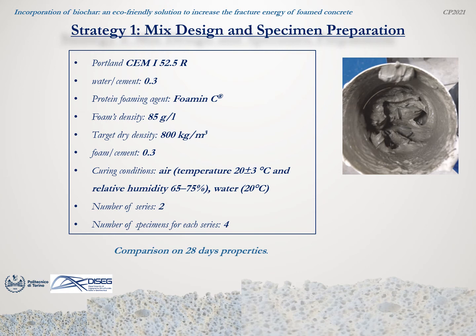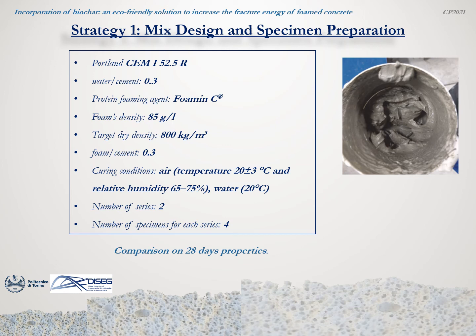The final foam to cement ratio to obtain the target density of 800 kg per cubic meter was equal to 0.3. Two different curing conditions were considered. In fact, half of the specimens were immersed in a water tank at a controlled temperature of 20 Celsius degrees, while the other half of the specimens were cured in air at environmental laboratory conditions.